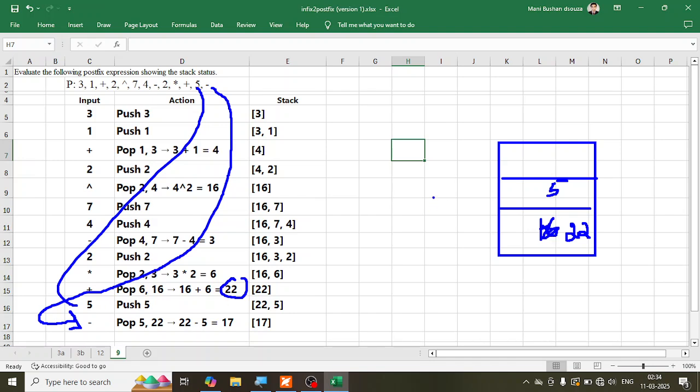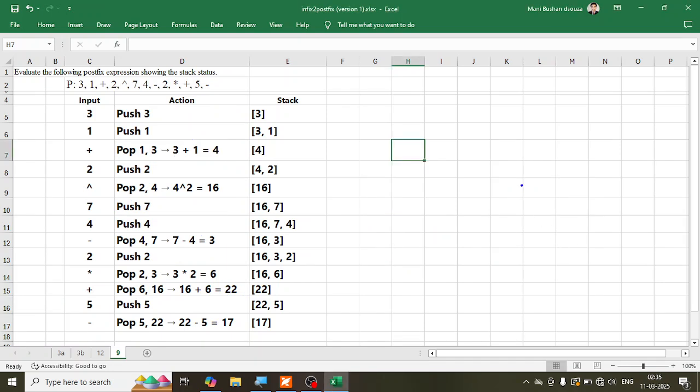So 5 will come first, followed by the 22. So it is 22 minus 5, which is 17. Okay, so push this back. So this is also taken up. Push that 17 back onto the stack. So the stack now contains 17.